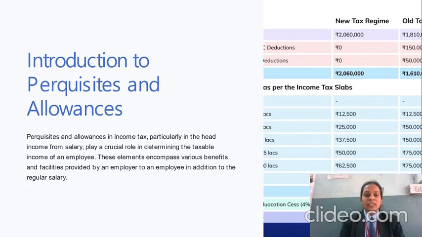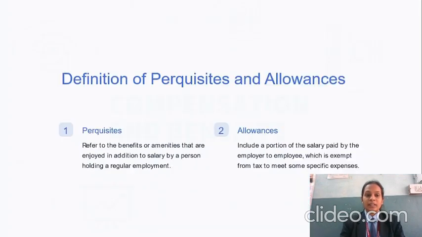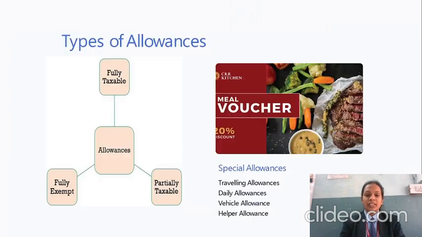It includes house rent allowance, tiffin allowance, conveyance allowance, dearness allowance, etc. Allowances include a portion of the salary paid by the employer to the employee, which is exempt from tax to meet some specific expenses.